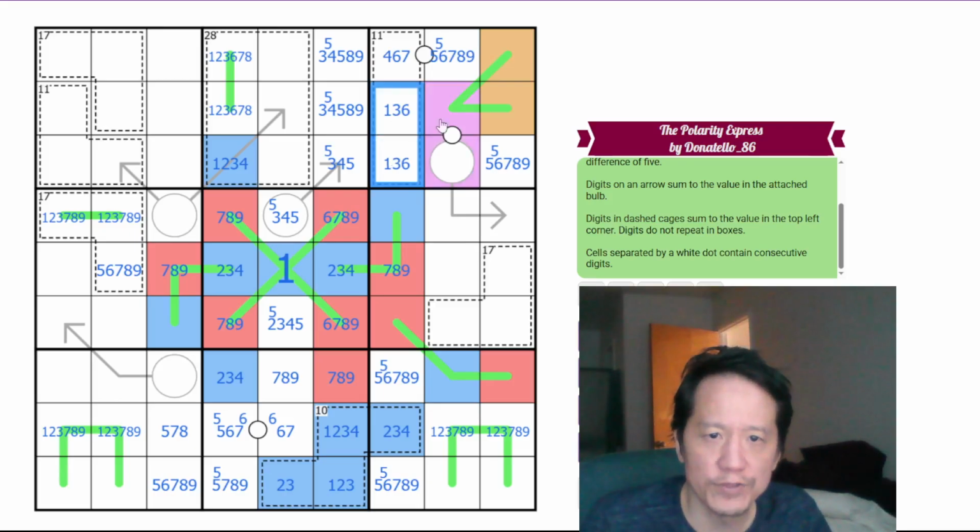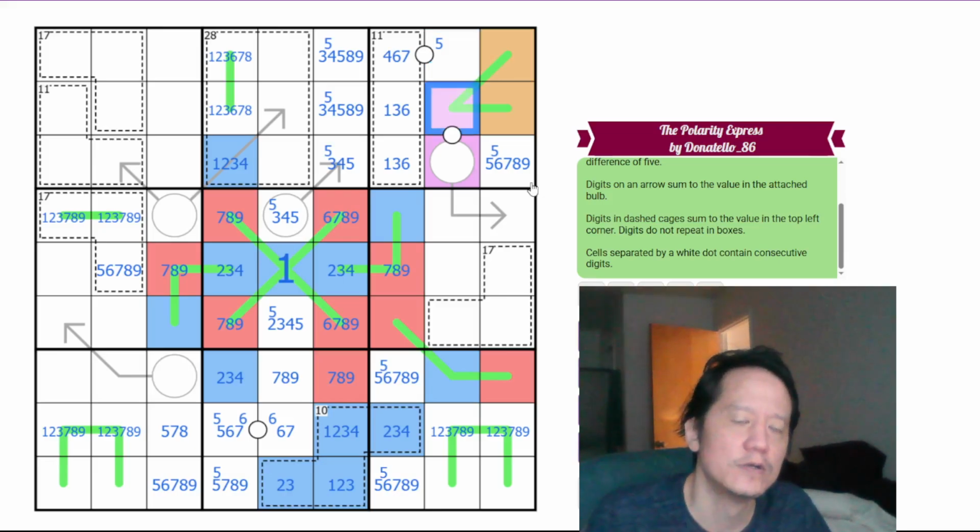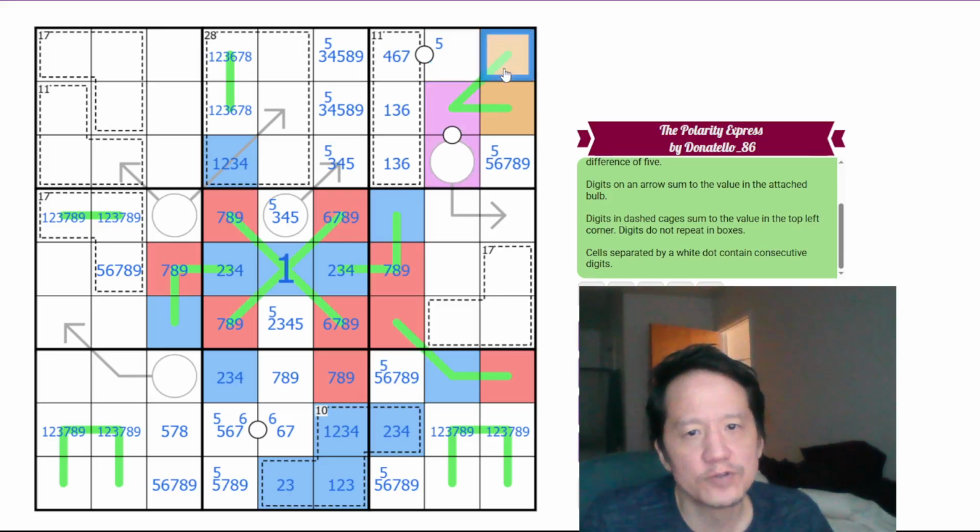If this is 1, 3, these can't be consecutive, so this would be 2, 4, right? 1, 3, 7. This would be 2, 4. Okay, so then what are the possibilities? If this is 1, 3, 7, this could not be consecutive, so the 2, 4 would be here.